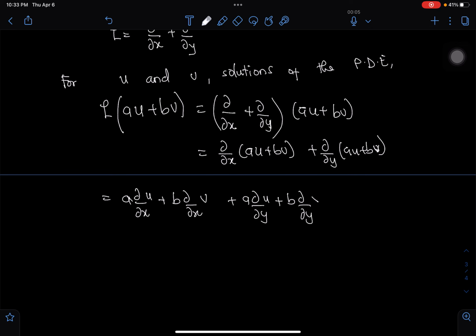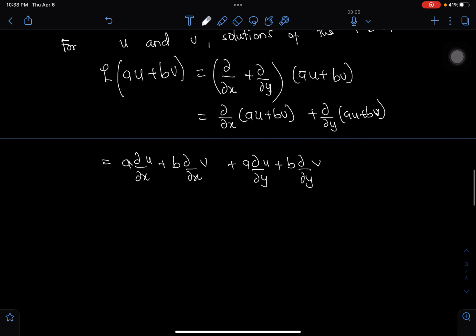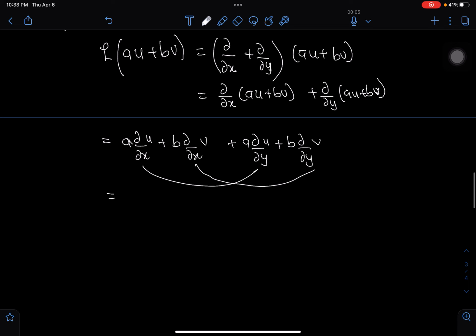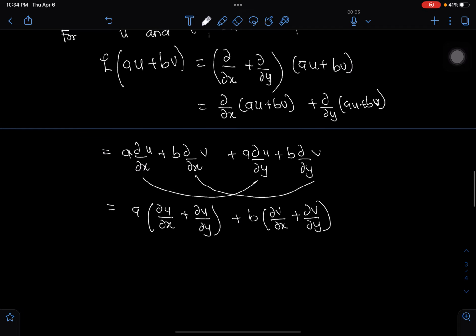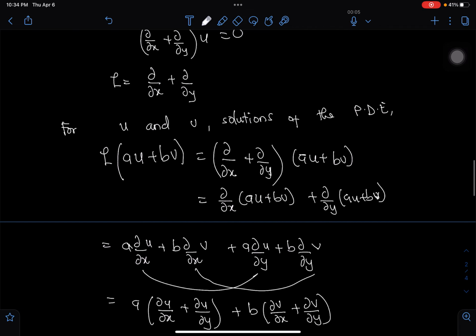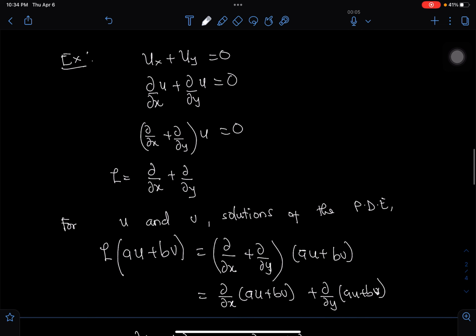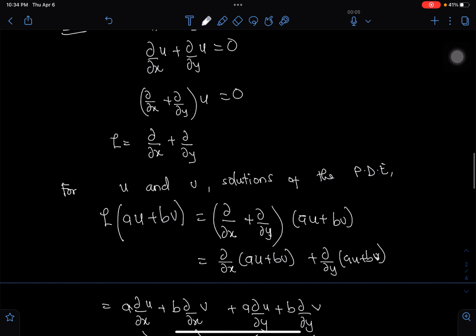Look at these two and look at these two. I can have a times del u del x plus del u del y, then plus b times del v del x plus del v del y. Now, comparing this to the original PDE, which is given in the question, what is del u?